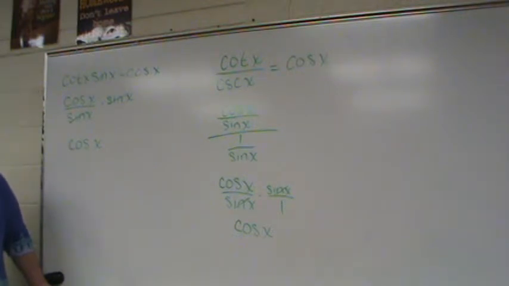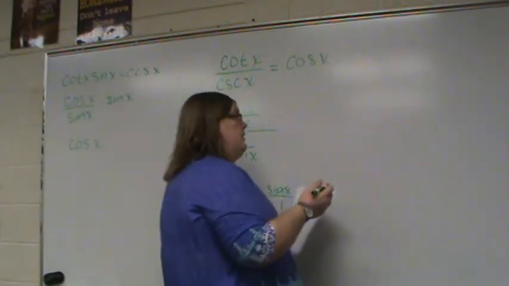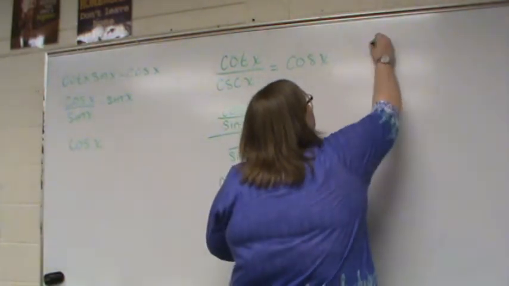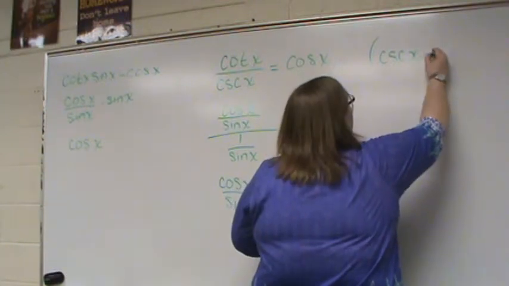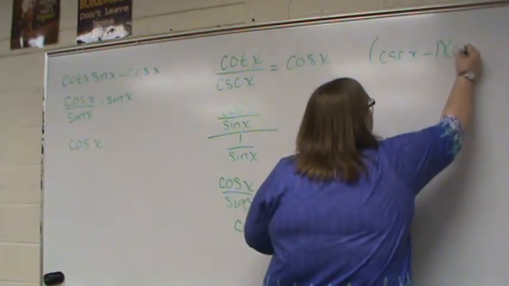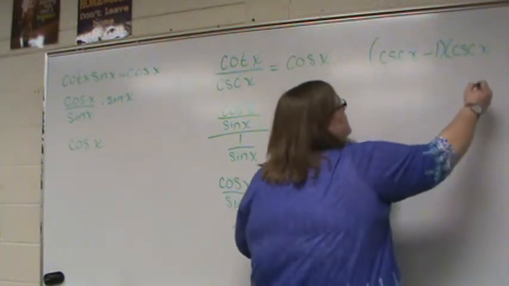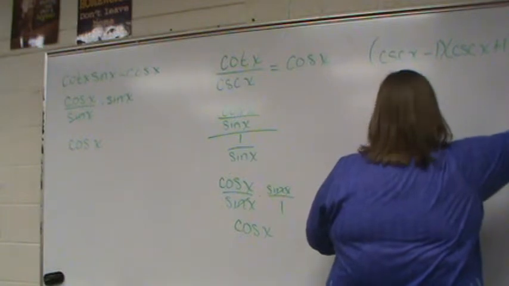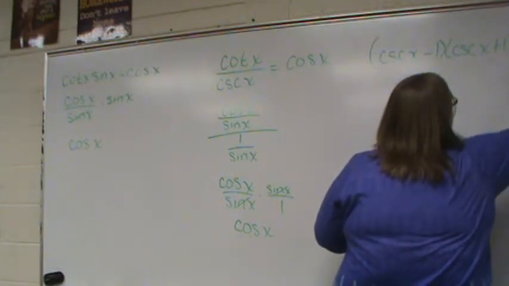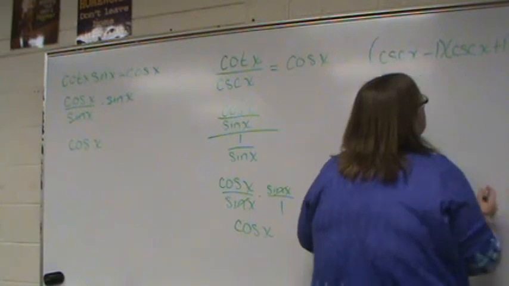So with these, you always want to keep in mind where you're trying to get to, what you're trying to get your side to look like. So example 3. We have cosecant x minus 1 times cosecant x plus 1 equals cotangent squared x.